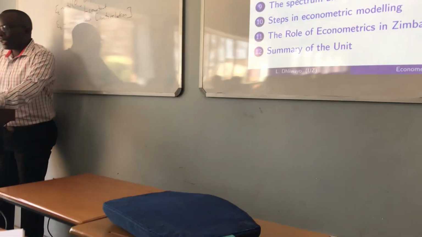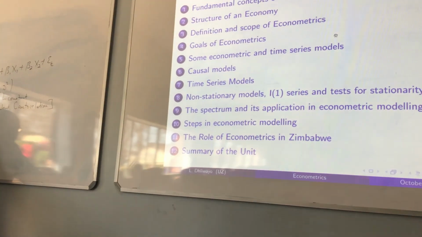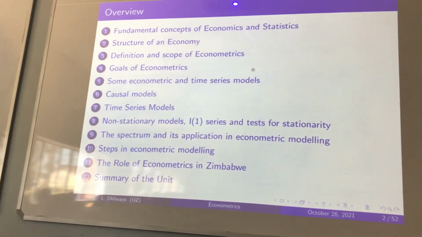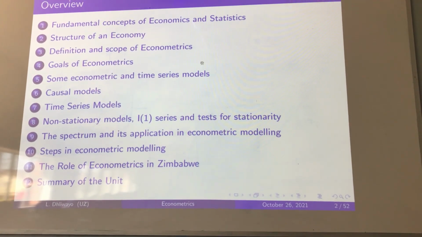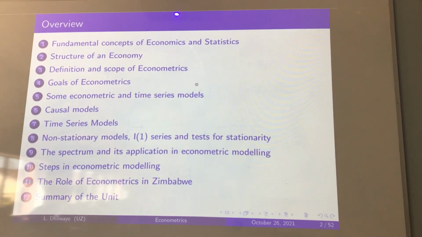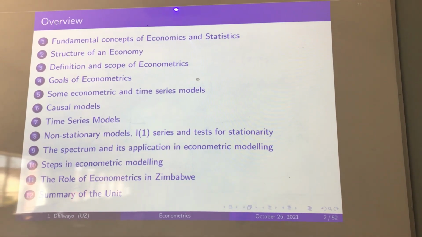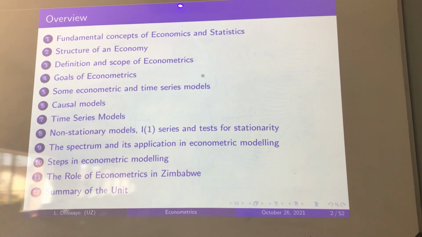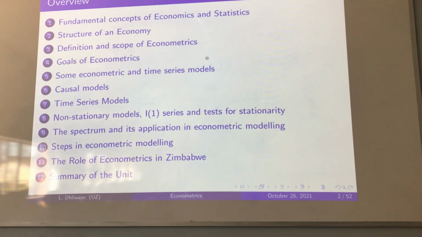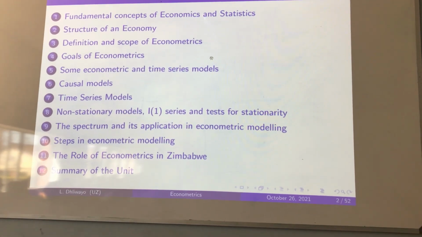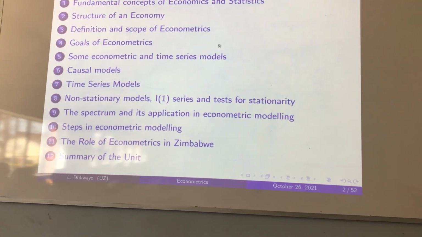First chapter: fundamental concepts of economics and statistics. Then the structure of an economy. Then the definition and scope of econometrics. Goals of econometrics. Some econometric and time series models. Then causal models. Then time series models. Then non-stationary models, that is the I(1) series, and tests for stationarity.